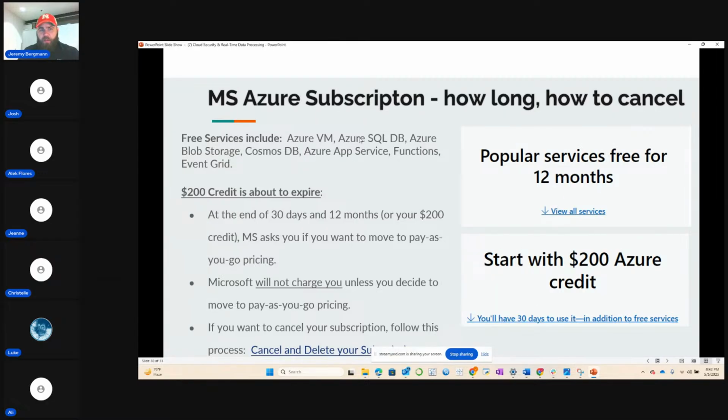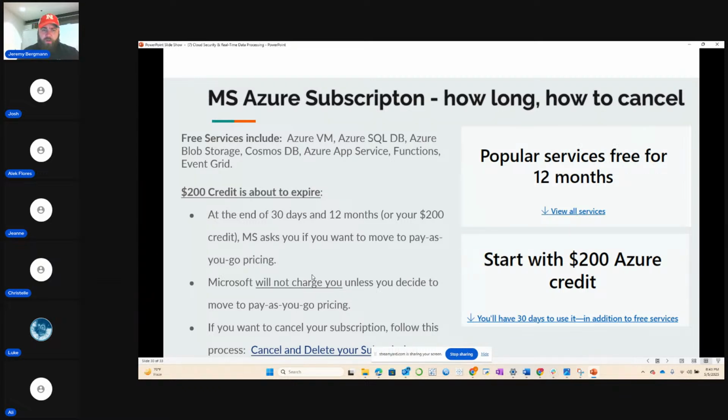But you still get some of these free services. Like you could still have Azure SQL DB if you wanted for 12 months. Or blob storage. I don't know if it includes Gen 2 data storage or not. But just a heads up on when you signed up for it, you can cancel or delete. That's probably what I do.